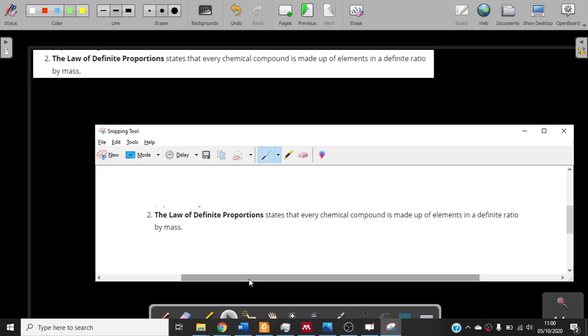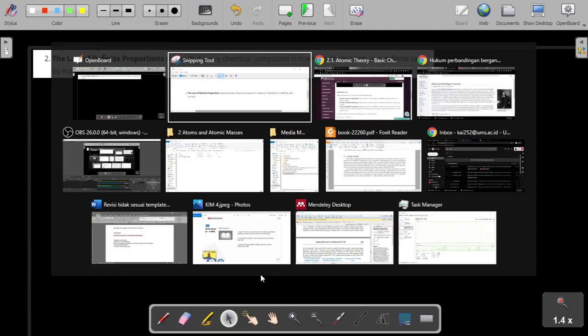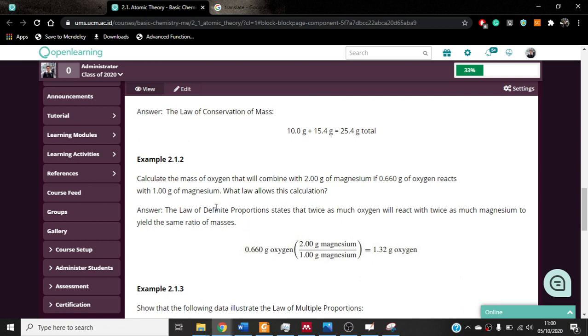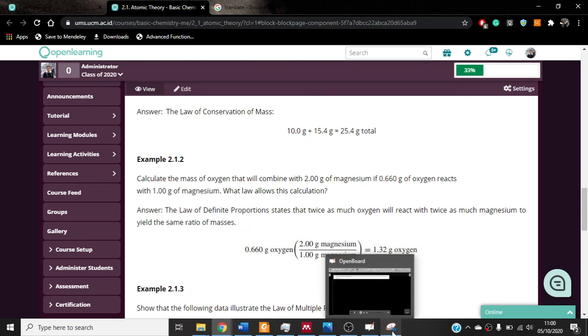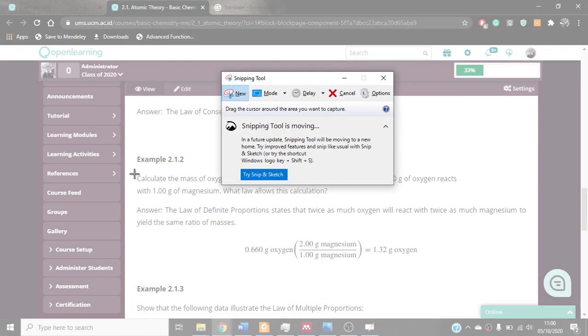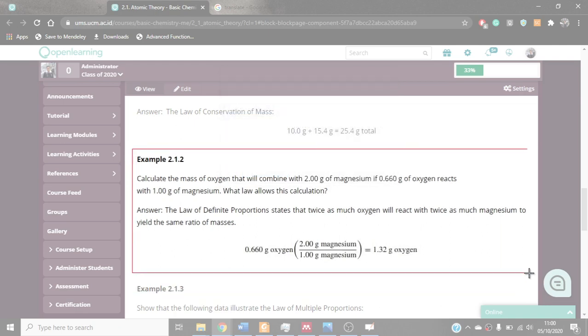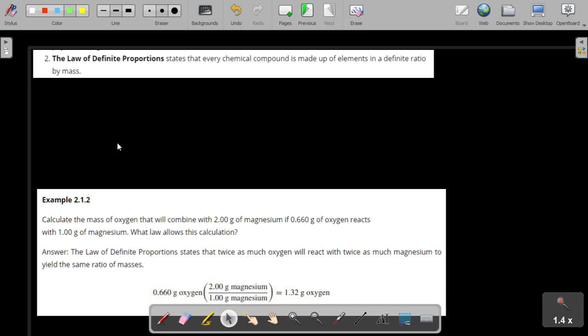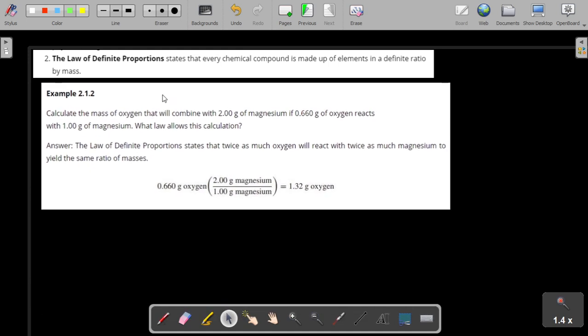So let's take a look at the example. Calculate the mass of oxygen that will combine with 2 grams of magnesium.